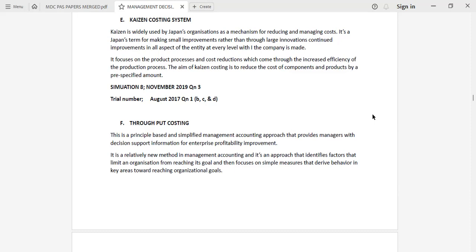So, as we have seen, the three that we talked about, the tear down analysis, the value engineering, and the Kaizen, are all targeted at adding value to the product and at the same time reducing the cost.